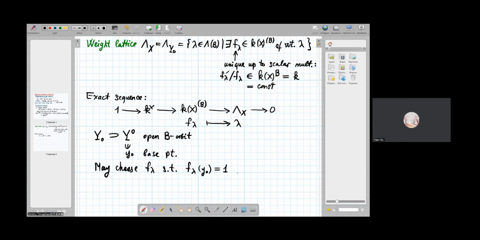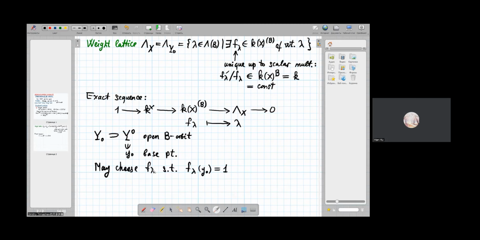Because each f lambda nowhere vanishes on the open Borel orbit. When you act by B, the value is multiplied by a character. So if it vanishes at one point, it will vanish at all points. But then it will be identically zero. And this contradicts our assumption. We are considering non-zero rational functions.